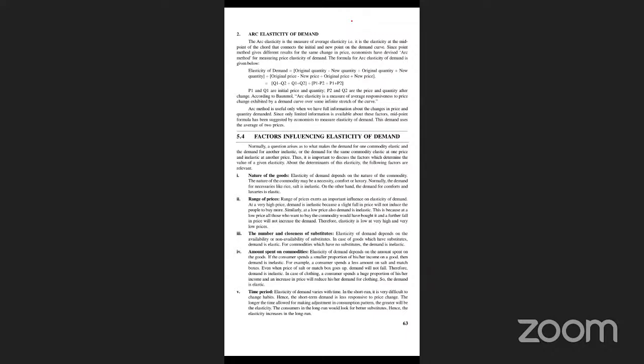The demand here basically uses the average of two prices. We have P1, Q1 and P2, Q2. Likewise, it takes the average of both the prices to calculate the arc elasticity.